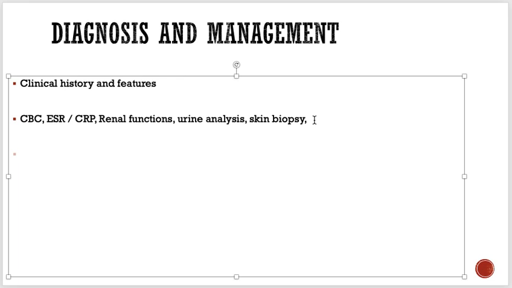Now in management, guys, management is mainly supportive. Why? Because remember, the problem is with the immunity. It is the immune complexes which are circulating in the body. Of course, the patient will be presenting with joint pains and all this stuff, so you will give them anti-inflammatory drugs, which is symptomatic treatment. You can give them corticosteroids.